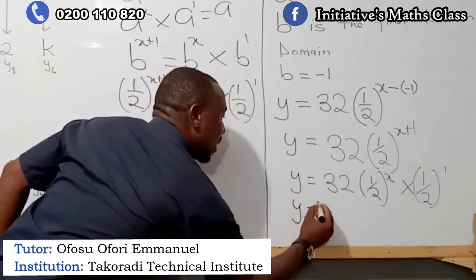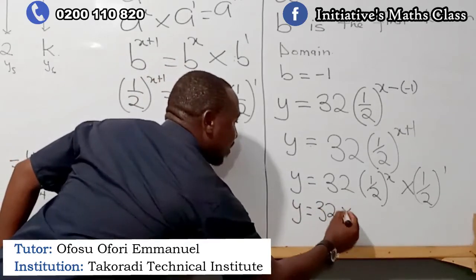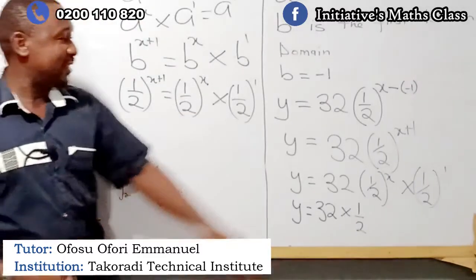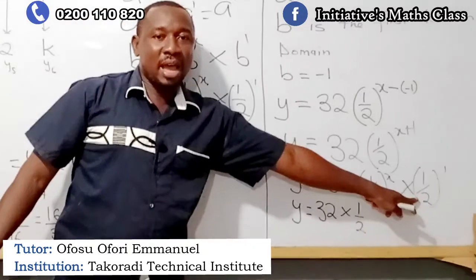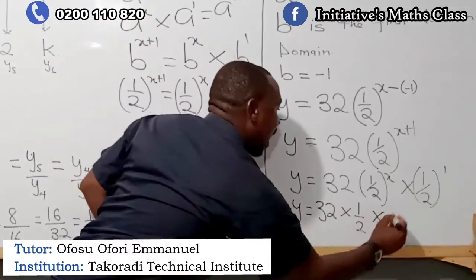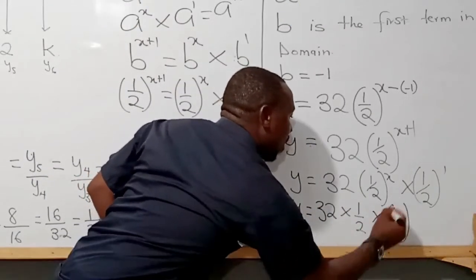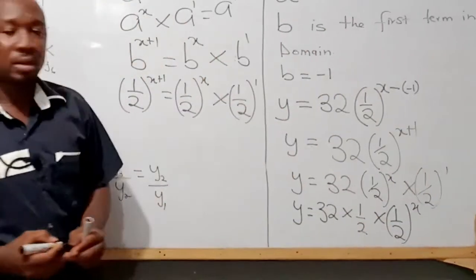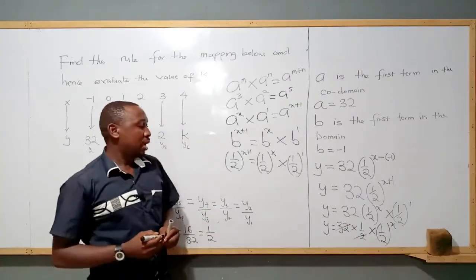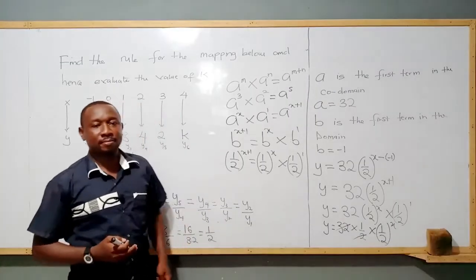Y is equal to 32 times the half that has been freed here, times half all to the power x. So these two will cancel the 32, and we will have 16.